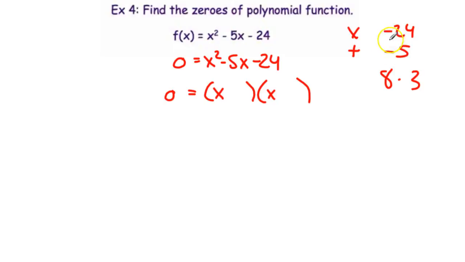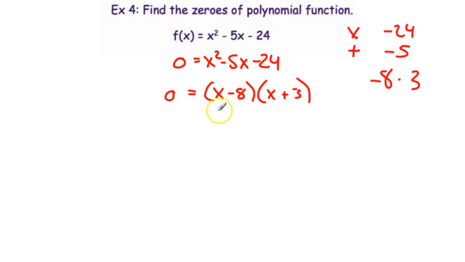If I want it to be negative 24, one of these has to be negative. If I add them and I want it to be negative 5, I know that the 8 has to be negative because it's the bigger number. So when I add them, if 8's negative, it will be negative 5. So I go ahead, put these in there, negative 8 plus 3. I don't have to factor anymore. It's all set like this.